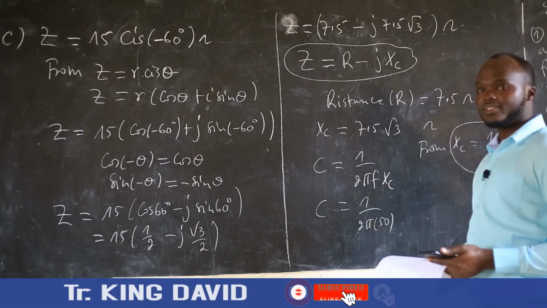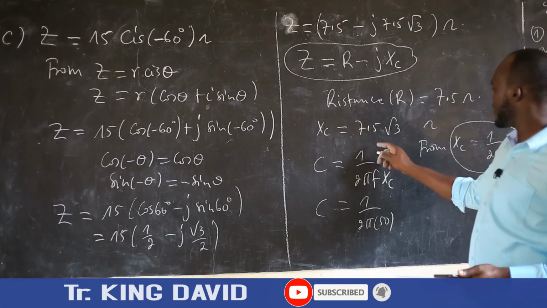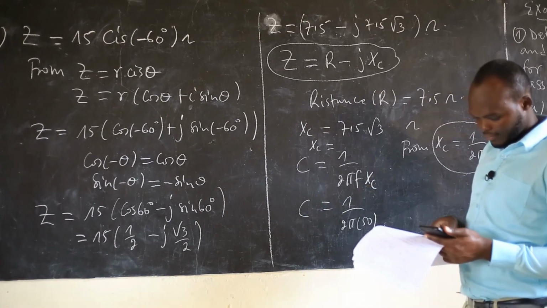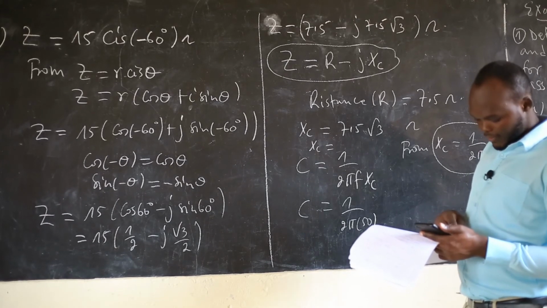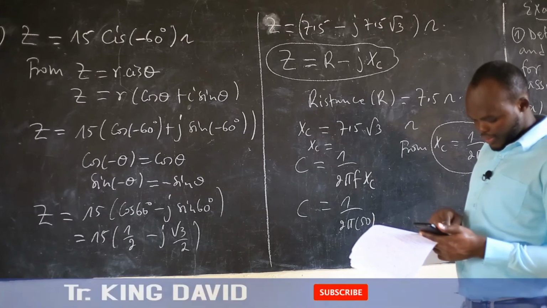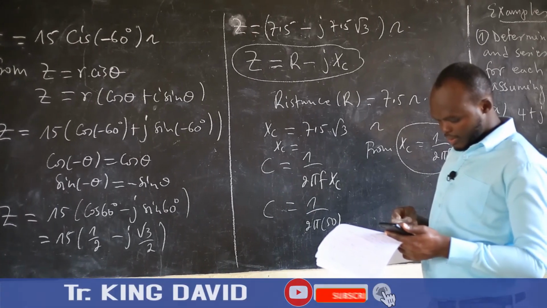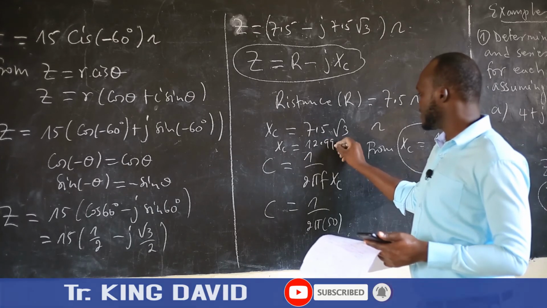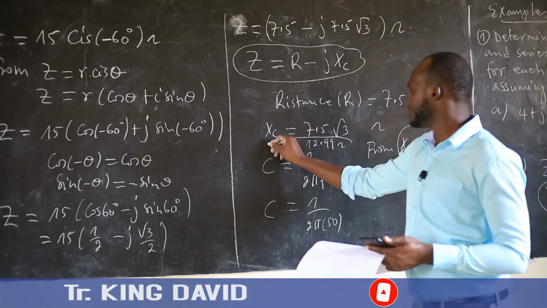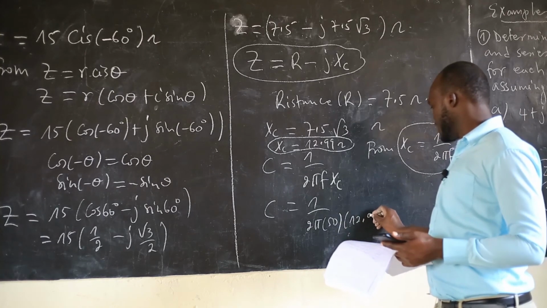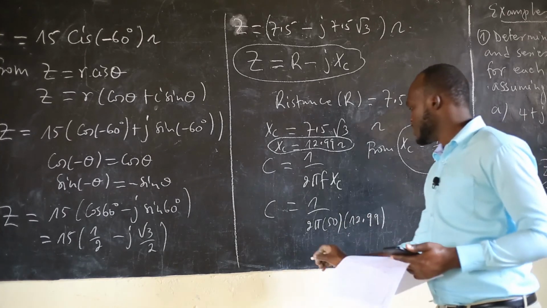Our frequency is 50, times the value of XC. The value of XC here is 7.5 times root 3. It is 12.99 ohm. So then times 12.99.